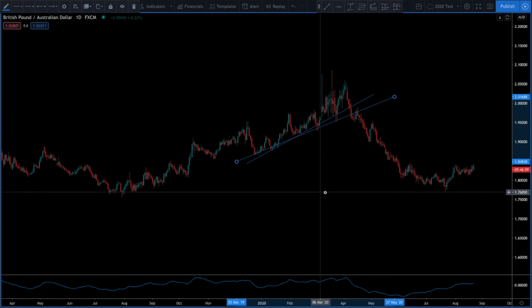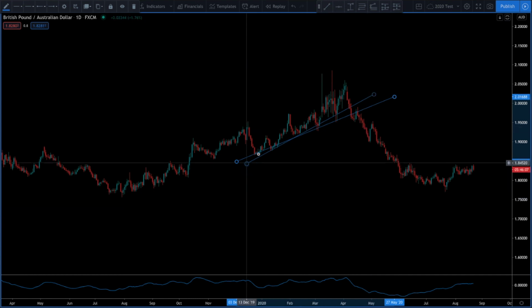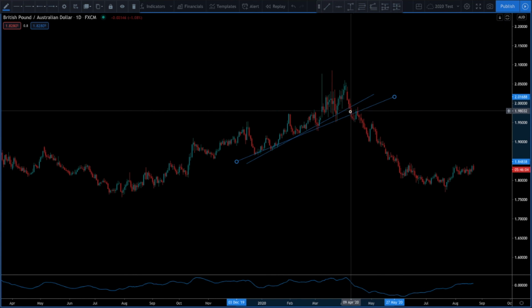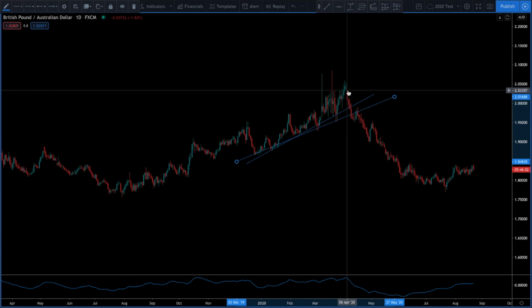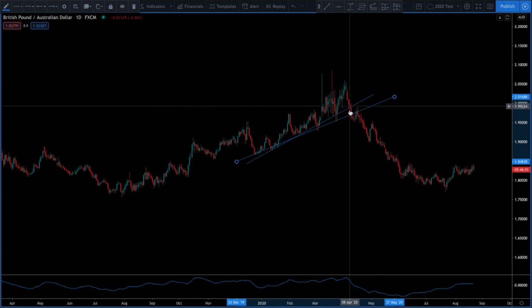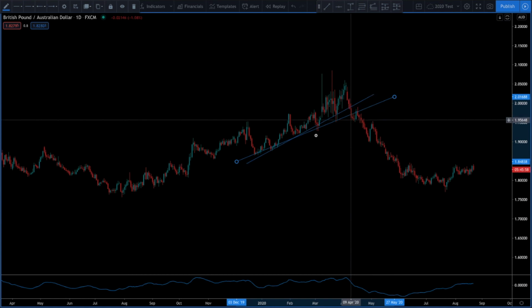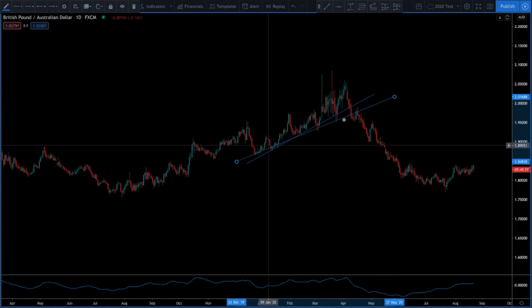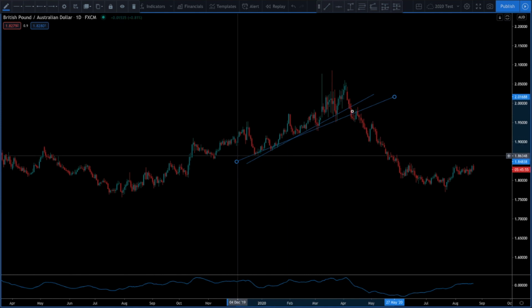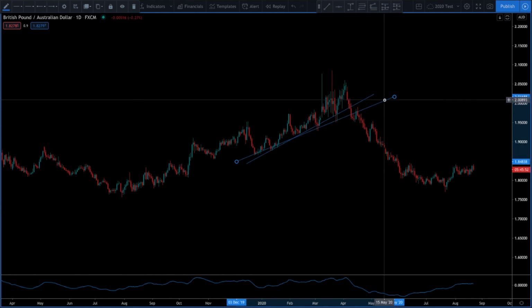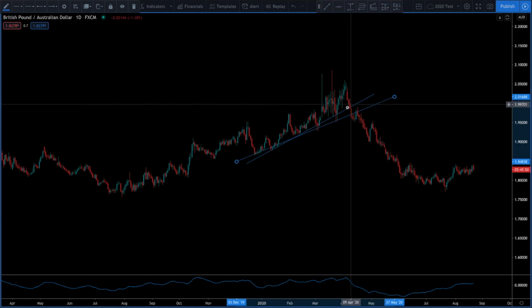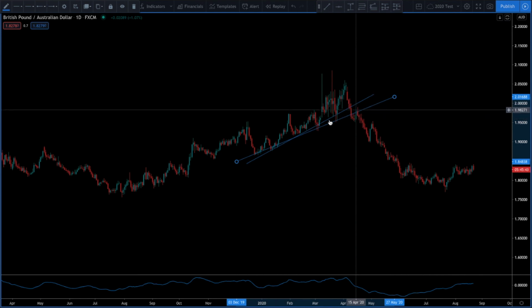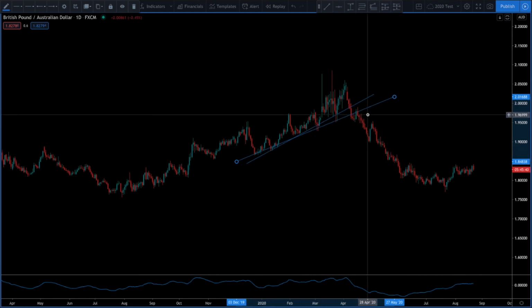A lot of times I like to just have one trend line on my chart. So after this one was broke, I would draw in and leave this next one. The tricky part is if this upper trend line was broke and retested, you would technically be trading into this next trend line.